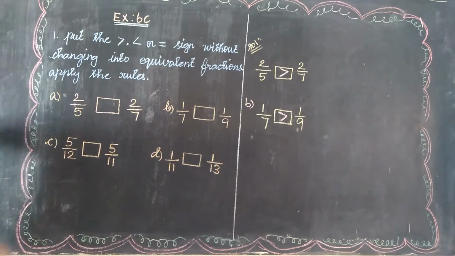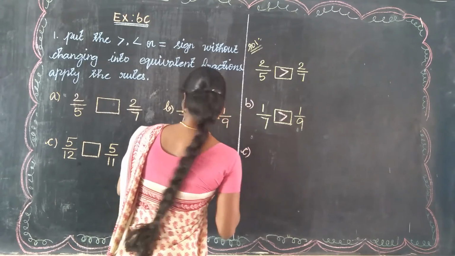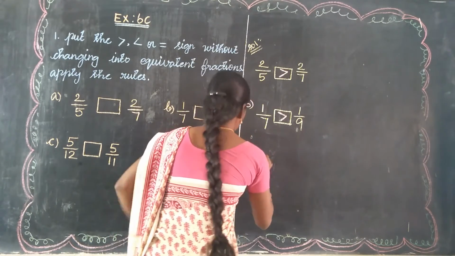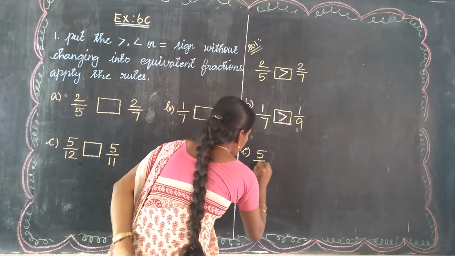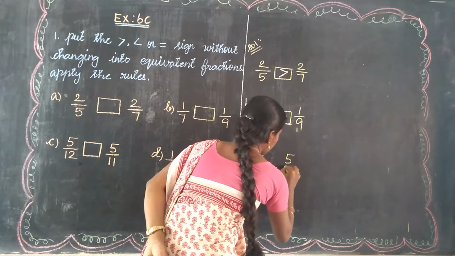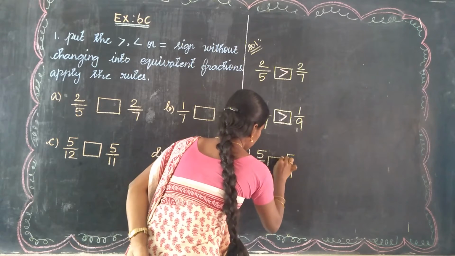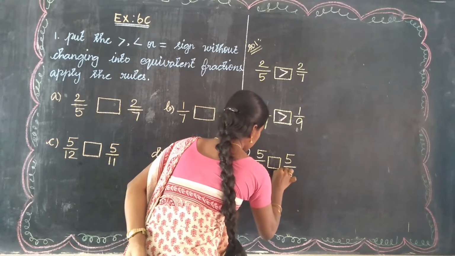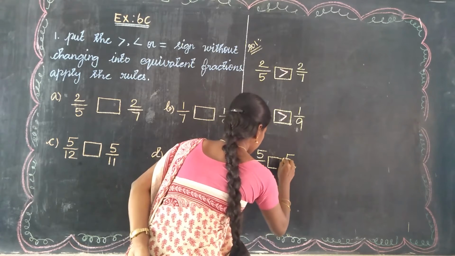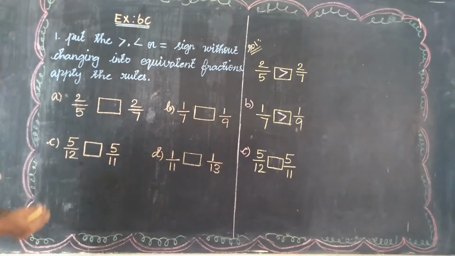Next, problem C: first fraction 5 by 12 and second fraction 5 by 11. Listen, students, which one is the greatest and which one is the smallest?